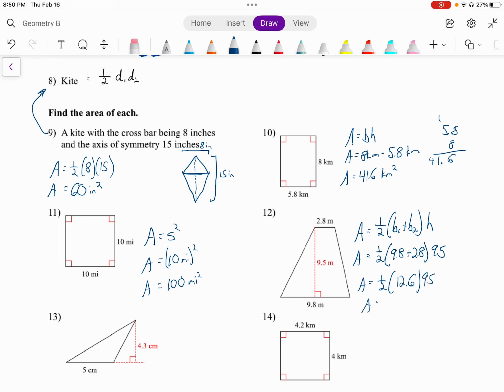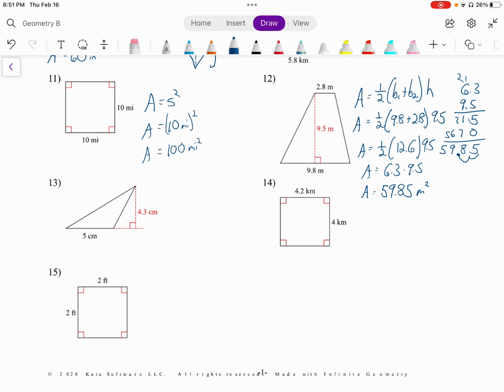Well, half of 12.6 is 6.3 times 9.5, and once again we can multiply to the side here. So the area is 59.85, and this was in meters, so meters squared.